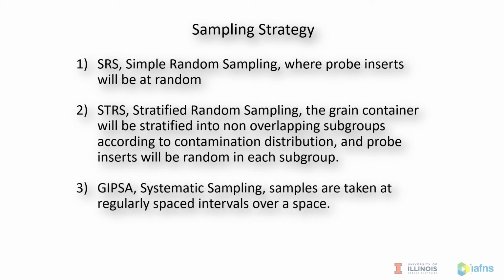And the third one is the GIPSA systematic sampling. In this sampling strategy, samples are taken at regularly spaced intervals over a space. The initial location is chosen at random and the consequent locations are defined so that all locations are at regular intervals. In the industry, the third option, systematic sampling based on the GIPSA manual, is used according to regulatory standards.